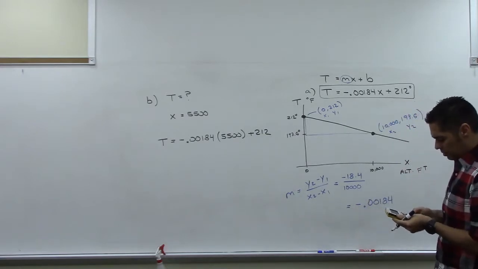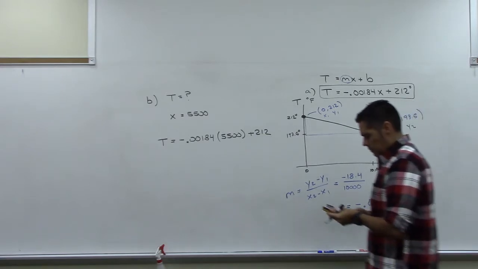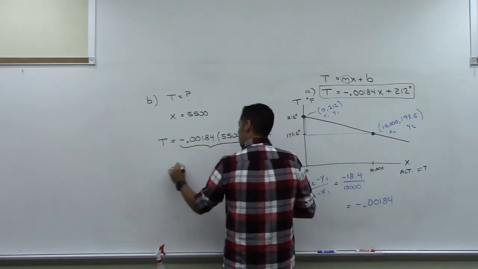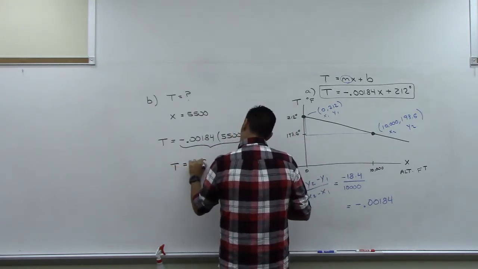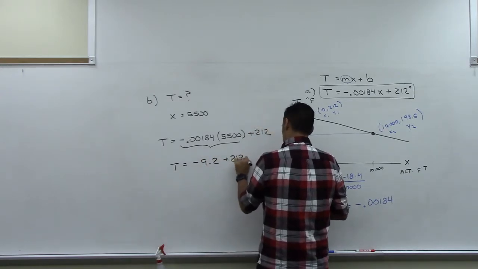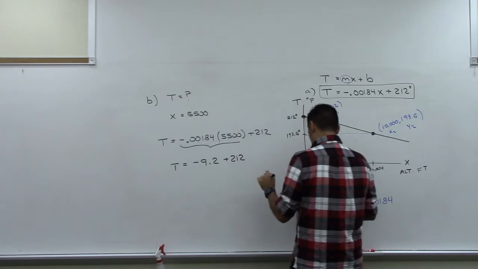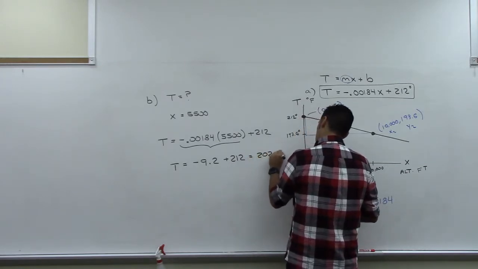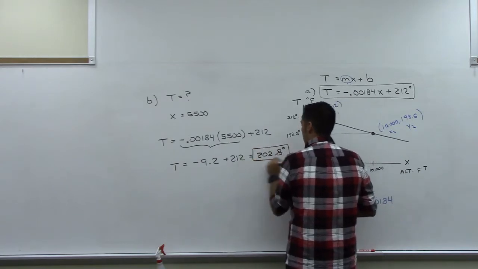So I'm going to just do this. If you multiply these two together, you should get temperature equals negative 9.2, and then plus 212. And you get 202.8 degrees Fahrenheit.